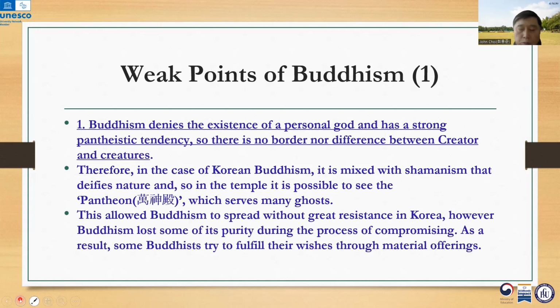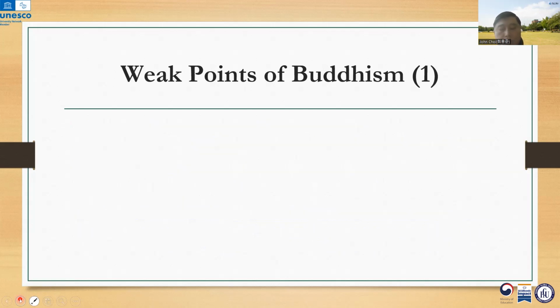And this allowed Buddhism to spread without great resistance in Korea. However, it has lost some of its purity during the process of compromising. As a result, some Buddhists try to fulfill their wishes through material offerings.